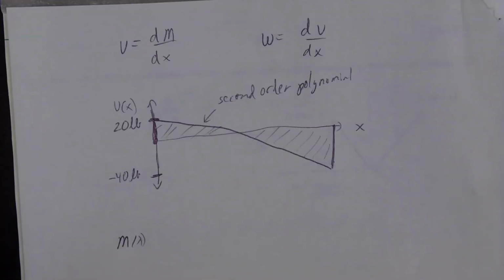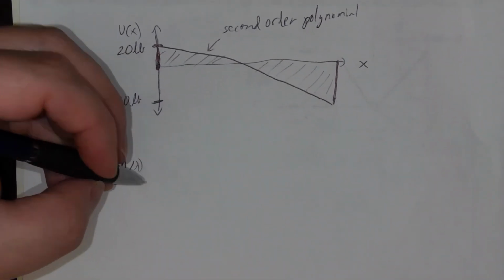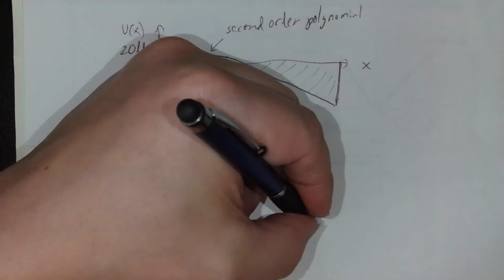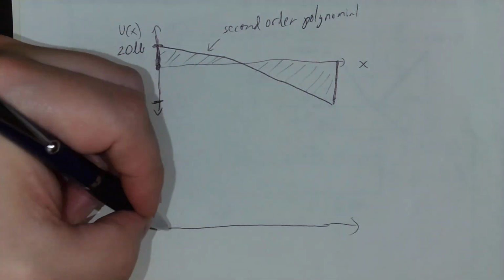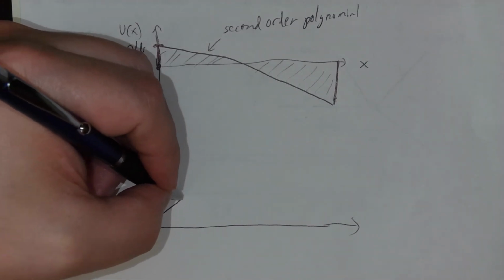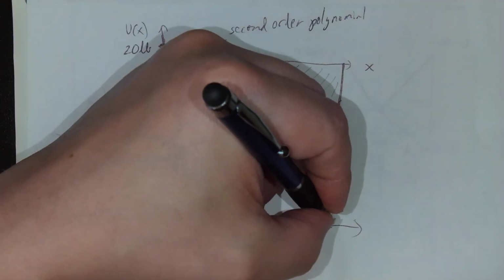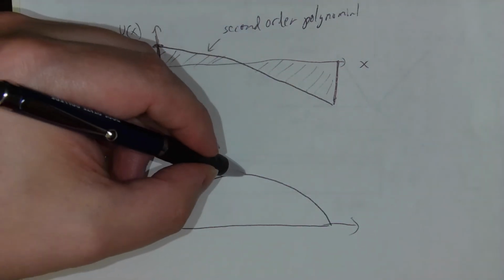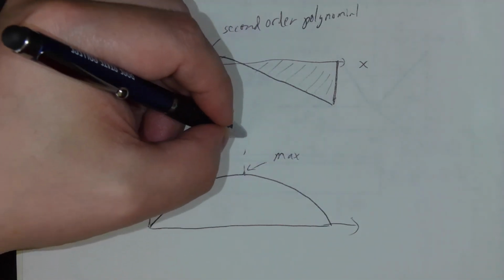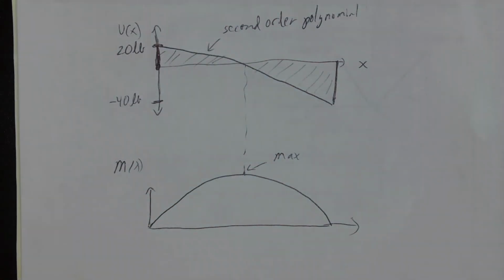Here, I've got no moments, no reaction moments, no applied moments. So it's just going to be a concave shape, most likely concave down, and it's going to max wherever that 0 crosses.